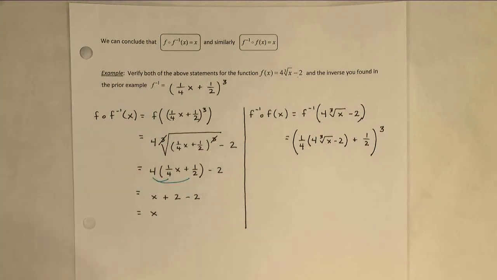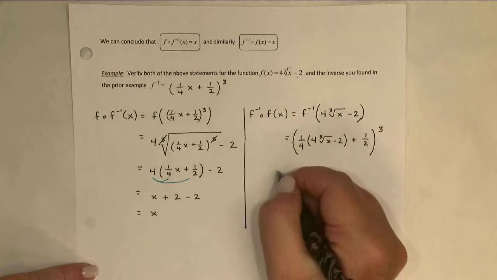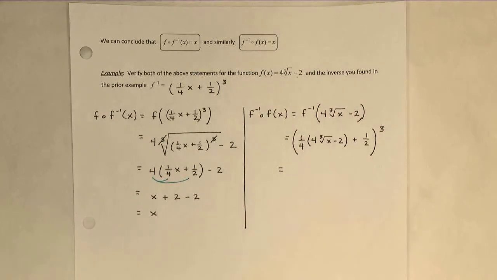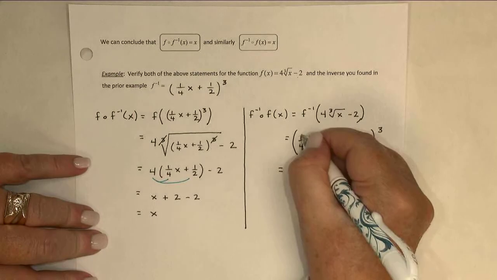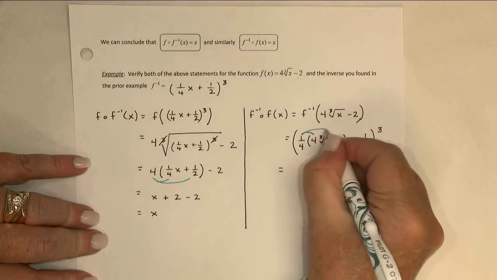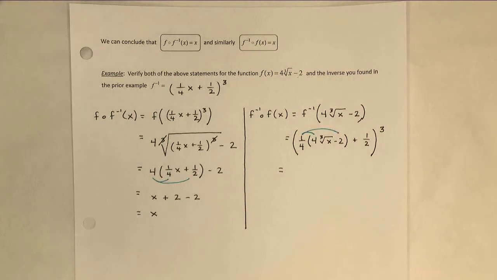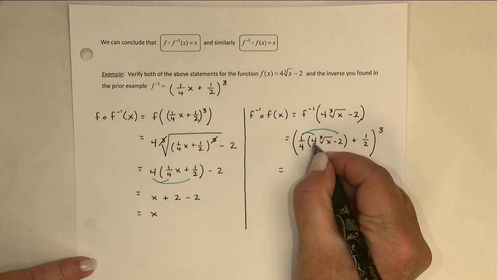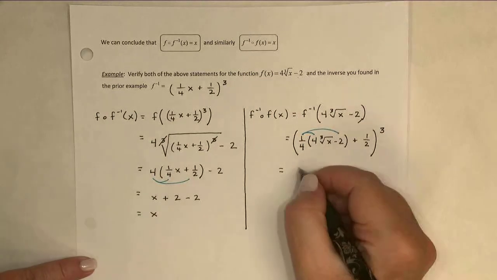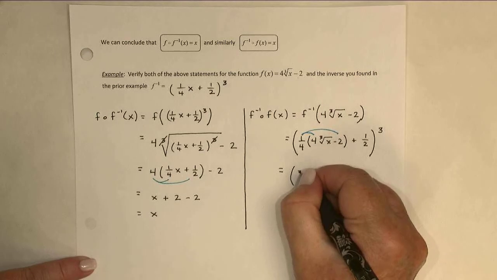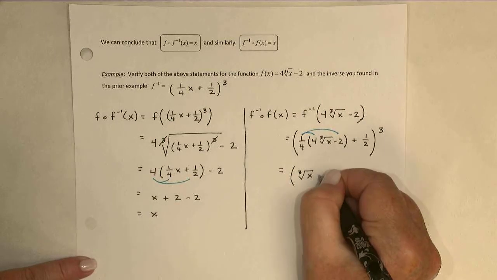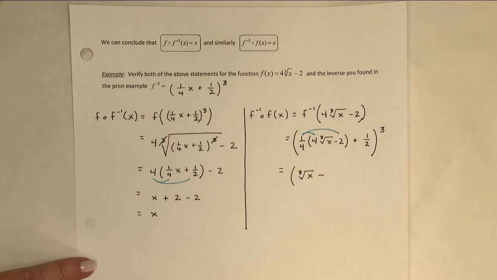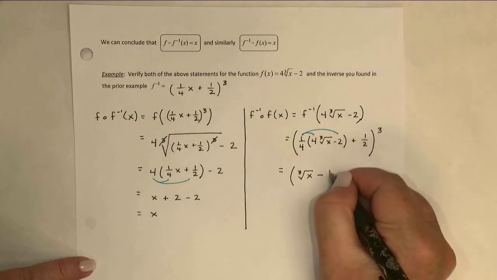All right, that looks like kind of a mess right now, so we're hoping that's going to simplify nicely, and I think we're going to get lucky here. Inside my parentheses, I'm going to start by distributing the 1/4 to both terms. So 1/4 times 4 is just going to make that 1 times the cube root of x, minus 1/4 times 2, 2/4 or 1/2.